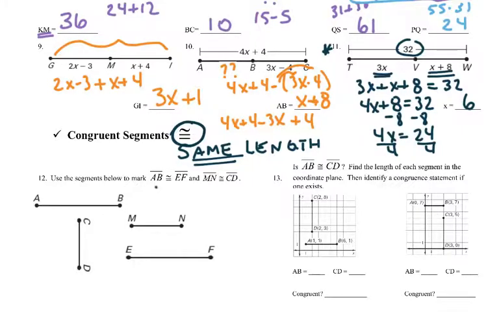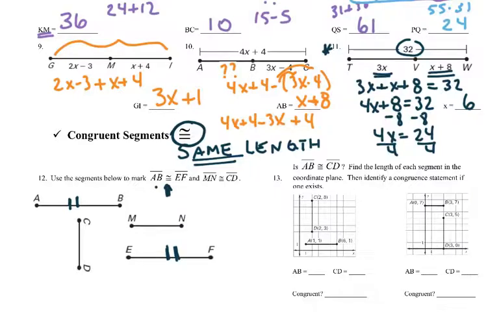Here it says that AB is congruent, there's that symbol, to EF. If we want to mark that AB is congruent to EF, we're going to do these little tick marks. You can see I did 2 tick marks in AB and then a corresponding 2 tick marks in EF. That shows that those segments are equal to each other.